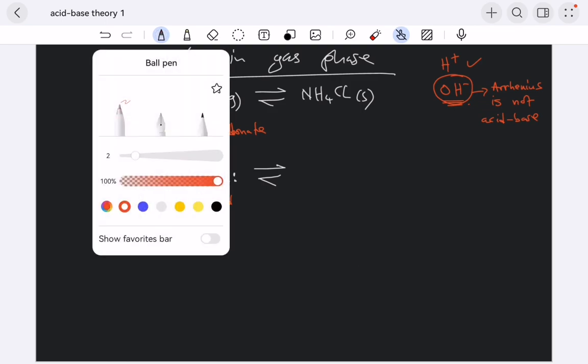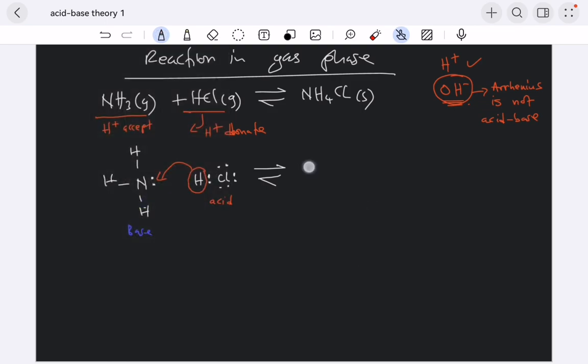Then ultimately we're going to have the new hydrogen, then this becomes positive, then Cl negative. According to Arrhenius theory, it's not an acid base because you're not going to see hydroxide in this equation.